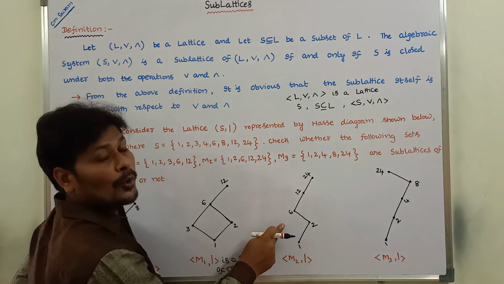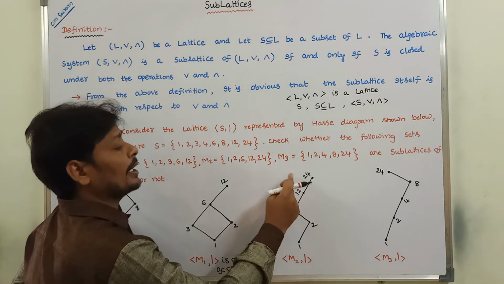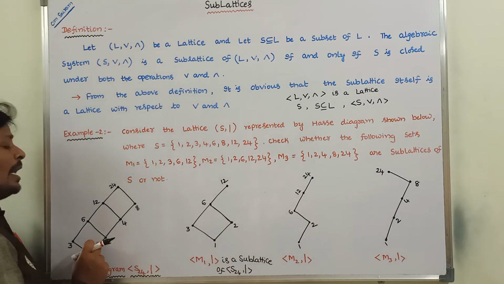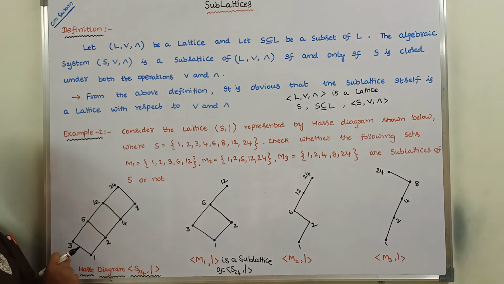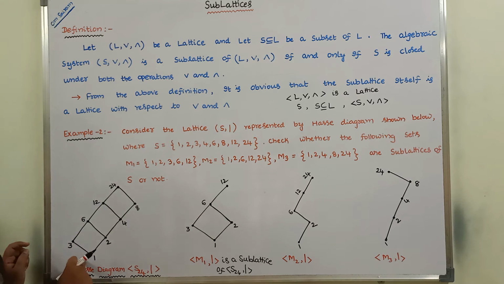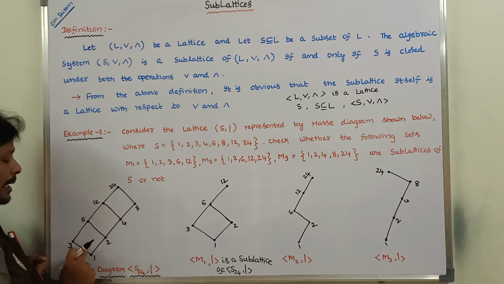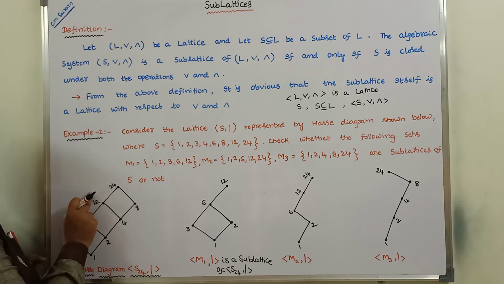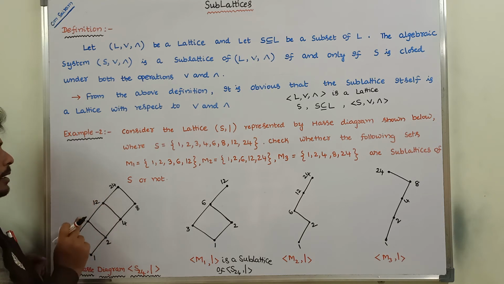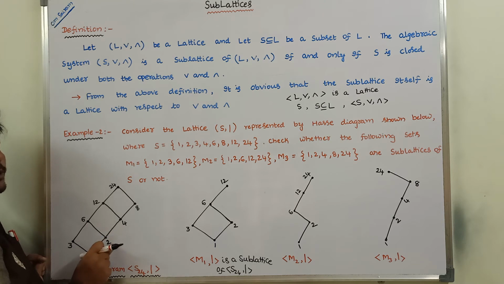Whatever least upper bound and greatest lower bound exist for every pair of elements, the same least upper bound and greatest lower bound also exist in the main Hasse diagram. Take 1 comma 24: LUB is 24, GLB is 1. 6 comma 12: LUB is 12, GLB is 6. 2 and 6: LUB is 6, GLB is 2. 1 and 2: LUB is 2, GLB is 1.